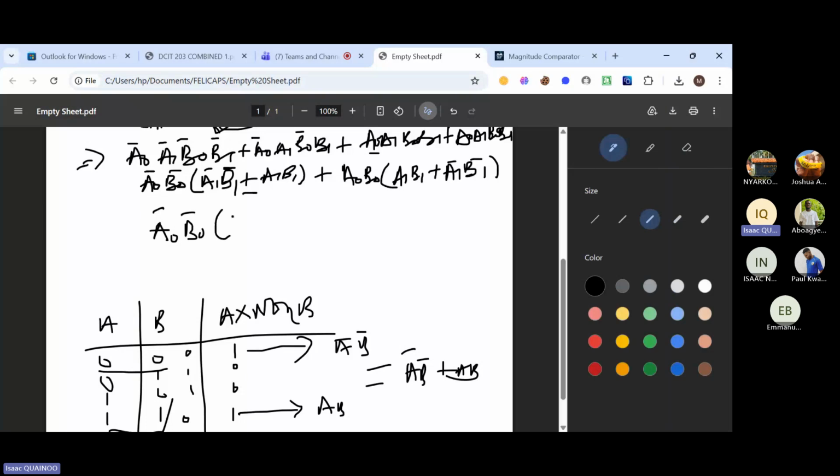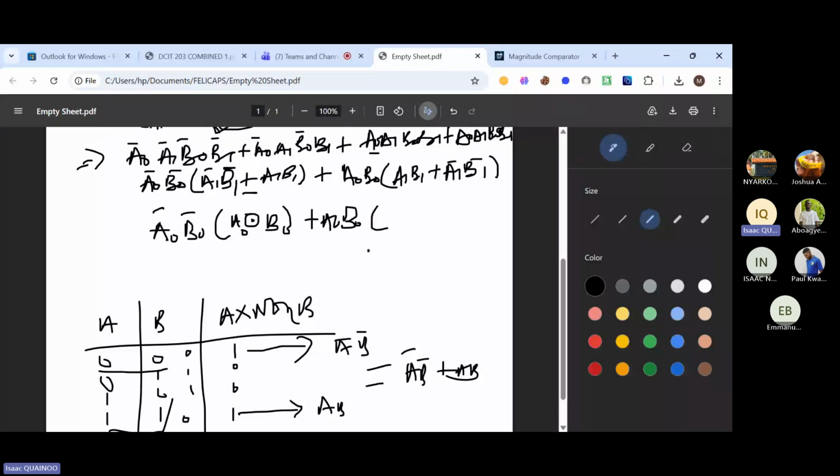Then everything in the bracket, we can say this is A0 XNOR B0, where this one will be our first input A0, and this will be our second, B0. Then we have plus, then we have our A0 B0 bracket. We can see the same problem occurring at the other side. You see A1 B1 plus A1 B1 bar.